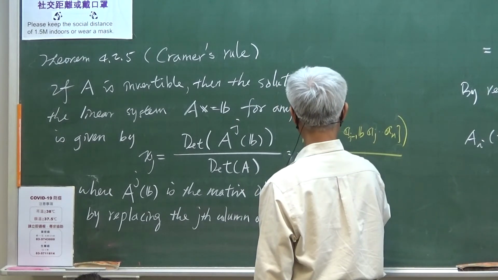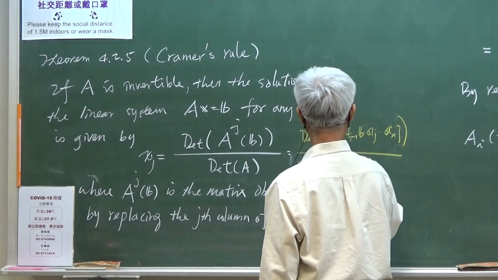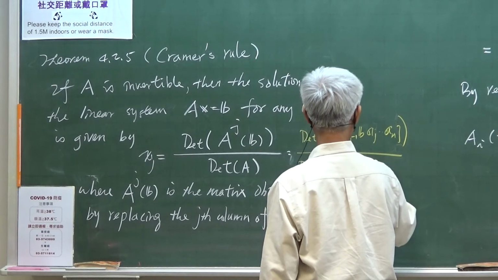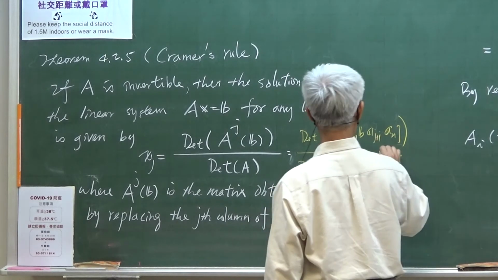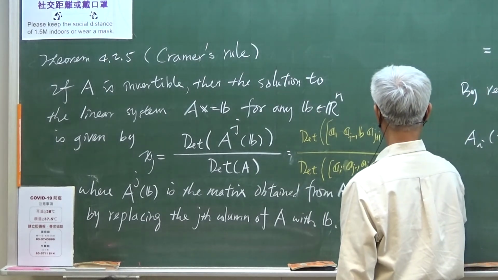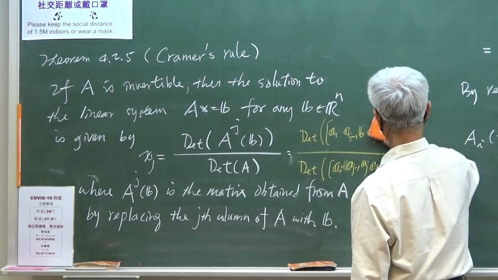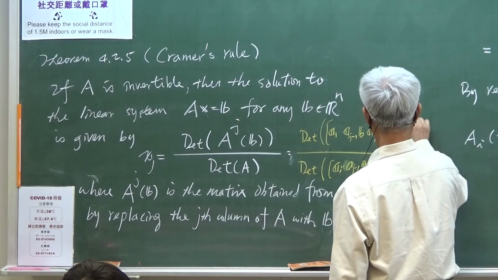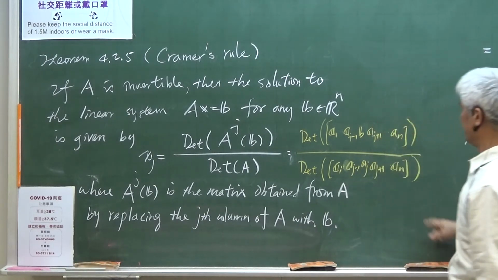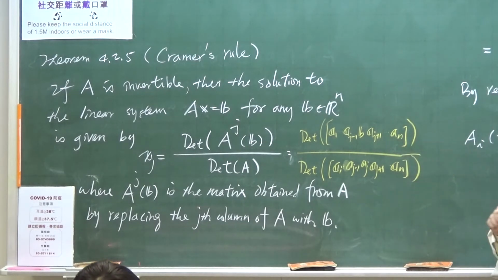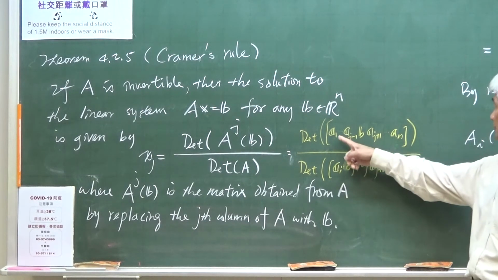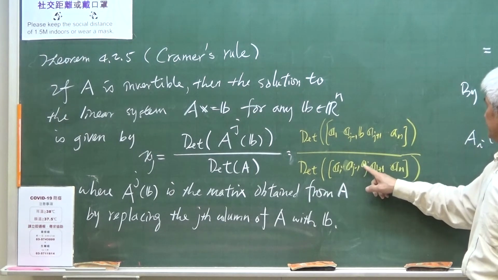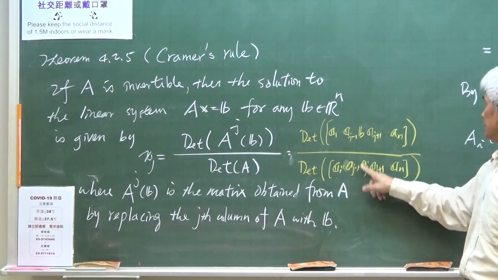And the determinant of A is A1, ..., A(j-1), Aj, A(j+1), ..., An. Okay, so you can see it is very symmetric, right? You see that all the columns are the same. Only the jth column of A has been replaced with B here.